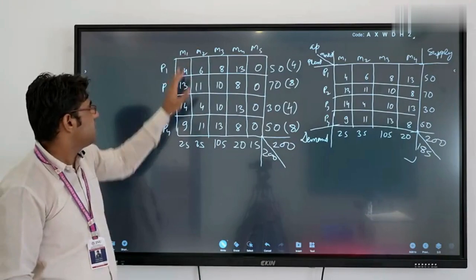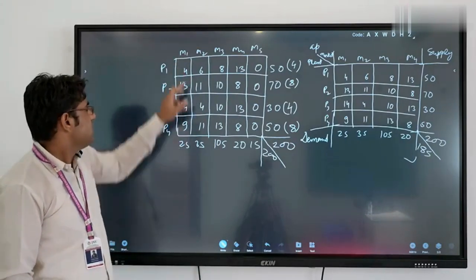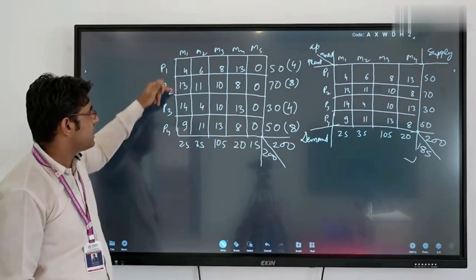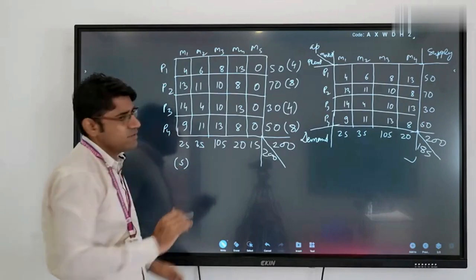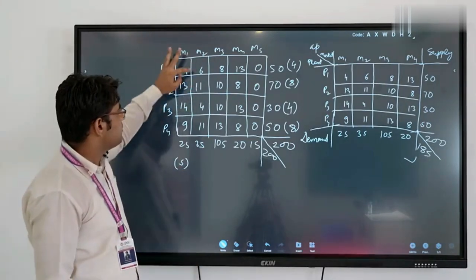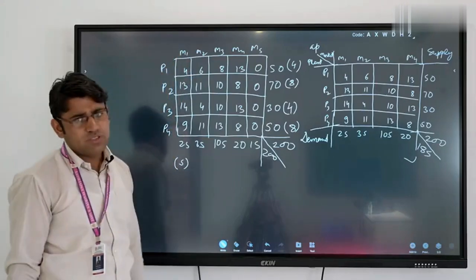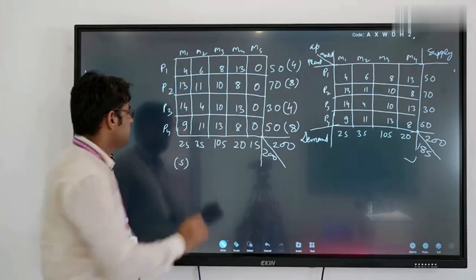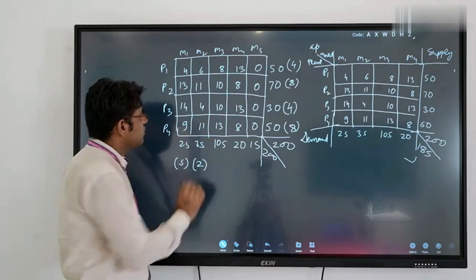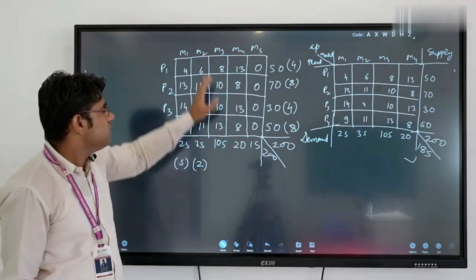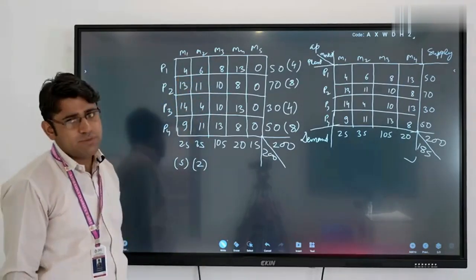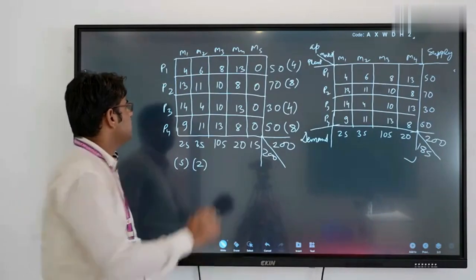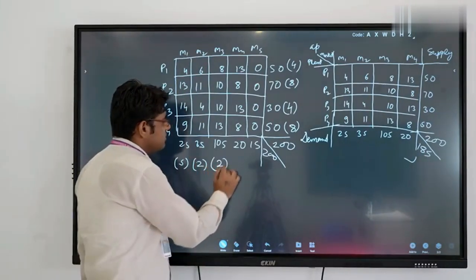Similarly, we find the penalties of each column. In the first column smallest is 4, second smallest is 9, so penalty is 5. In the second column smallest is 4 and second smallest 6, so the difference is 2, so penalty here is 2. In the next column smallest is 8 and second smallest is 10, so the difference is 2, so penalty is 2.